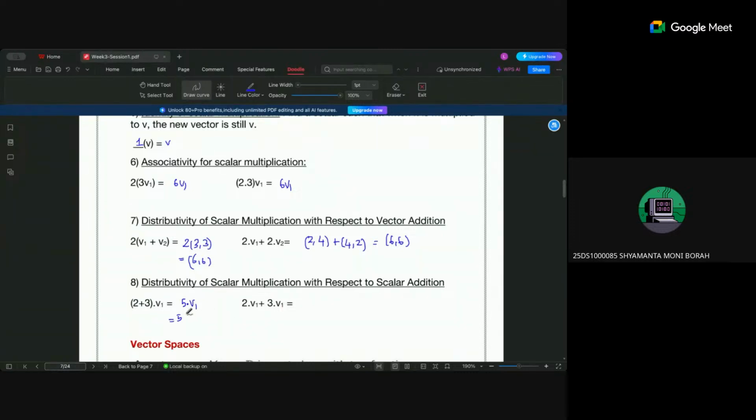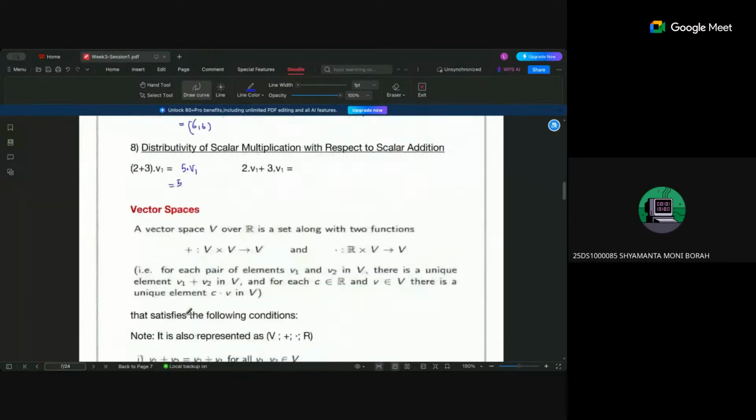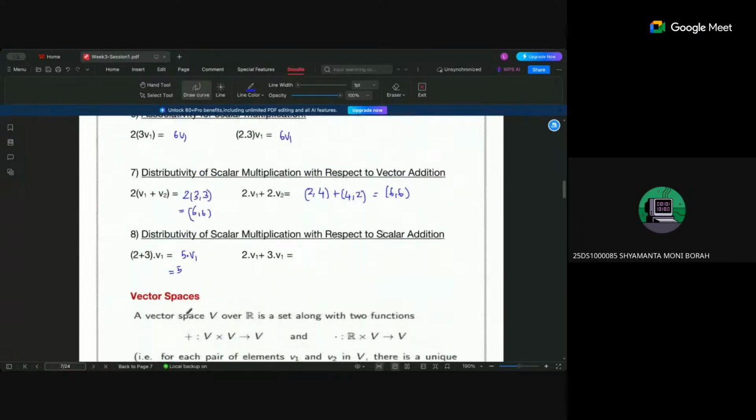V1 was 1 comma 2, right? So it is 5 comma 10. Now here, what is 2 times 1 comma 2 plus 3 times 1 comma 2? 2 comma 4 plus 3 comma 6, which is 5 comma 10. So the value still remains the same.